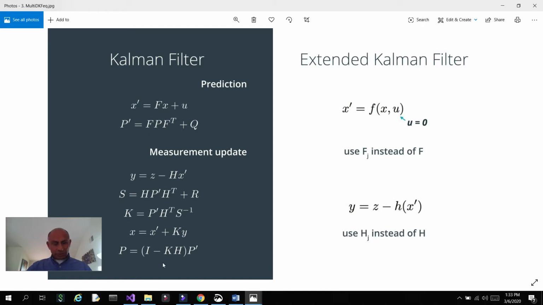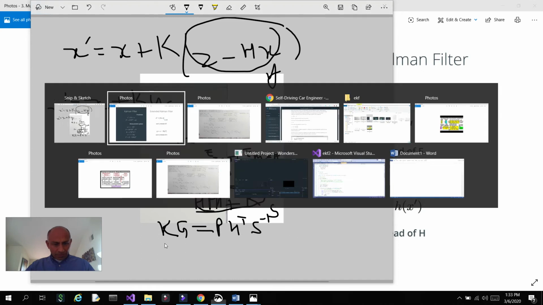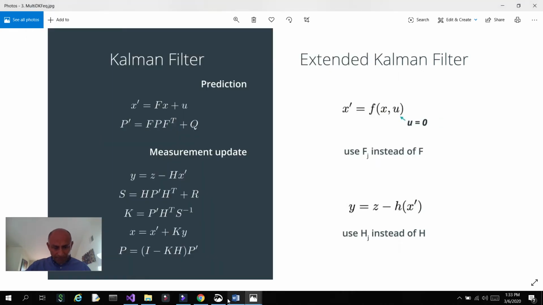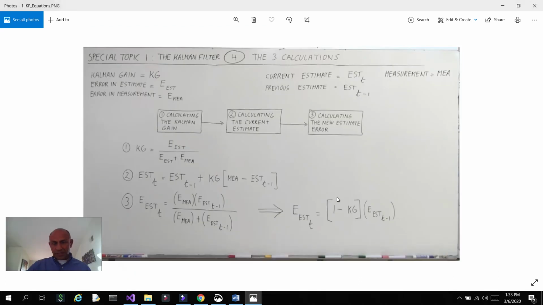Let's see here. New error. Sorry, I'm trying to get to this one. So new error is 1 minus Kalman gain times the error at time step t.